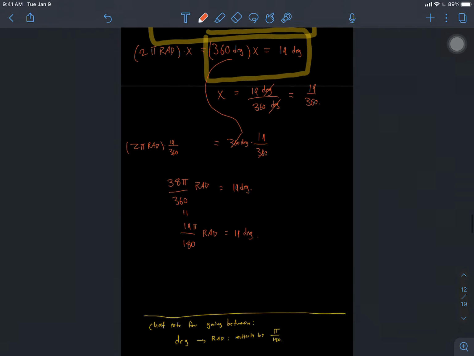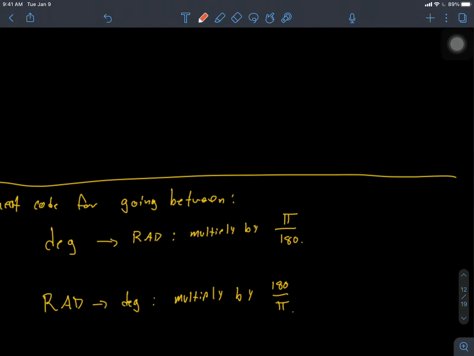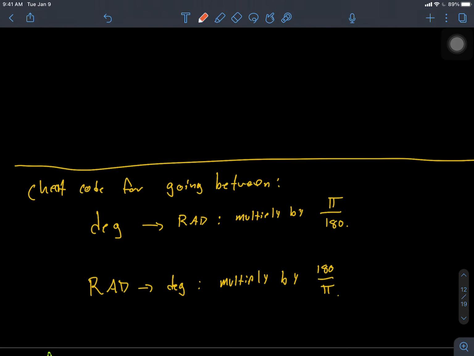But if you want the cheat code, here's the cheat code. If you want to translate from degrees into radians, we just multiply the number of degrees by pi divided by 180. So if we have 19 degrees and we want to express that in radians, we just take 19 times pi divided by 180, and that's our rad.